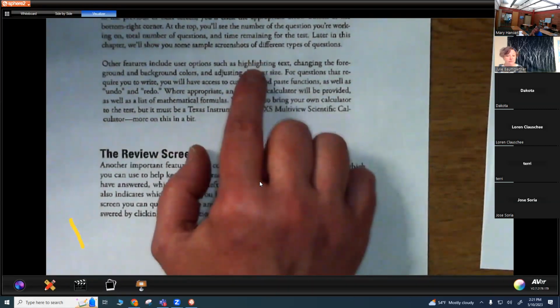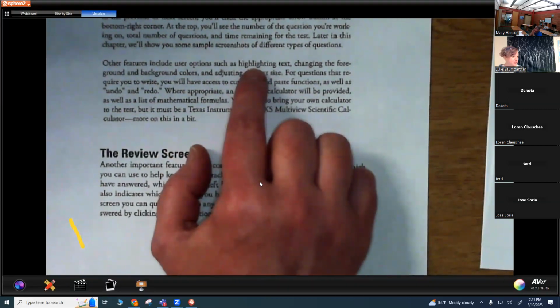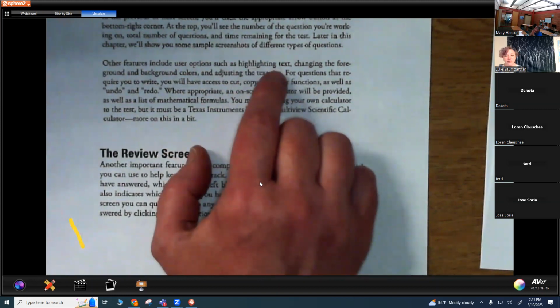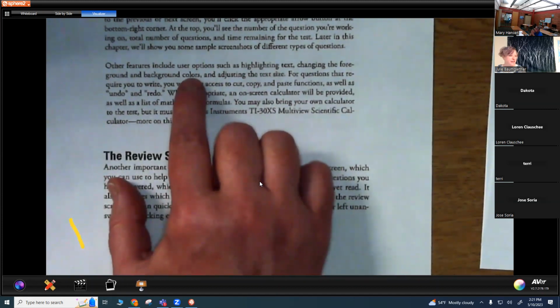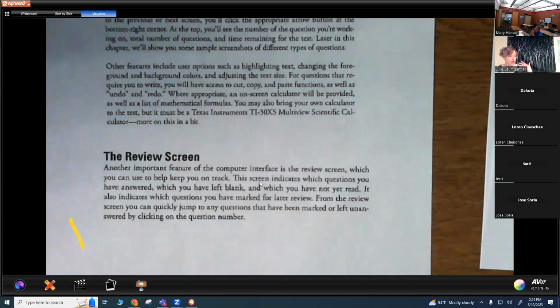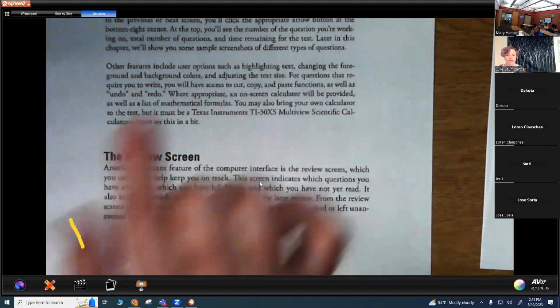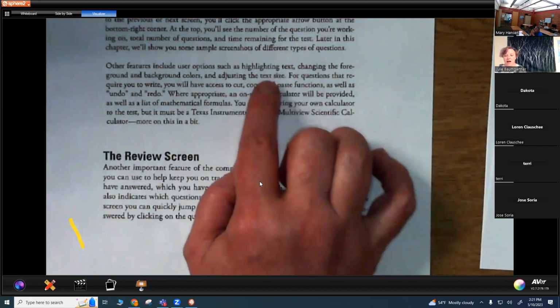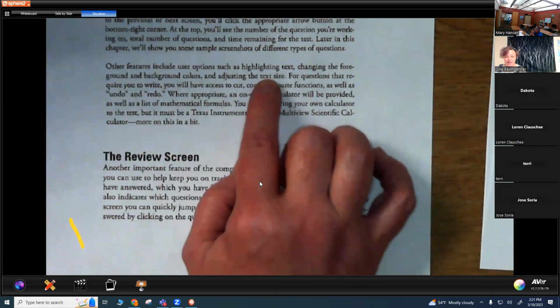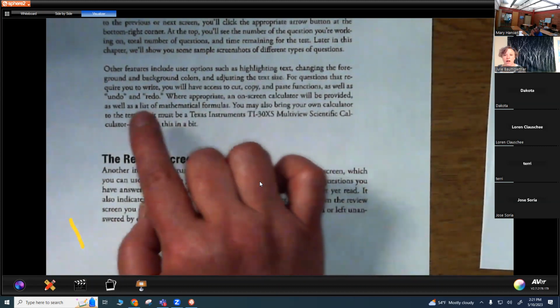And there are, like we said, lots of features and tools that everyone can use. There's a highlighter. You can change the foreground and background colors if it's too bright or too hard to focus on. Some folks like different combinations of colors. And you can adjust the text size, which is always helpful.